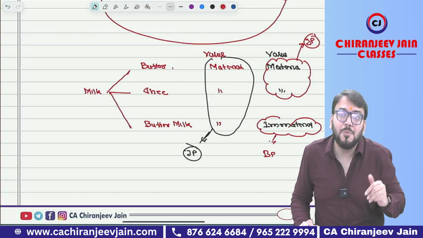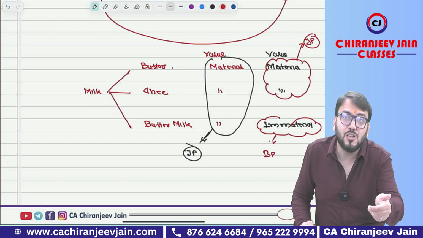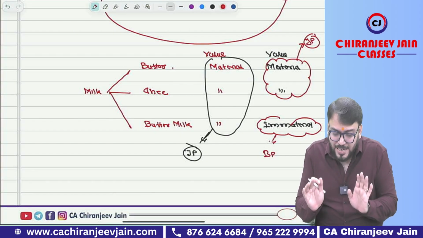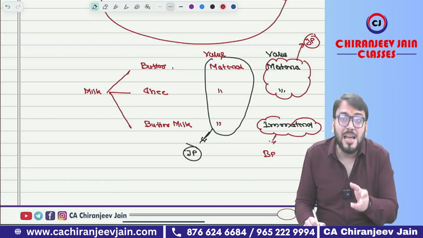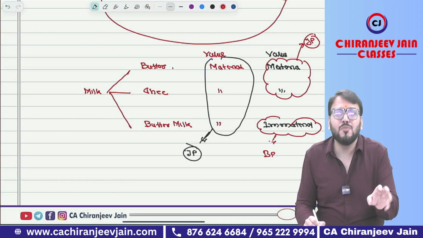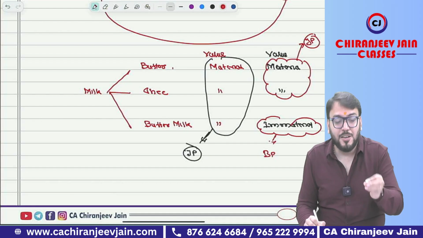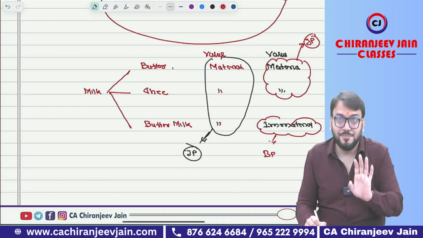Unnecessarily we would be applying accounting policy to an immaterial item, and that is not important from the user of financial statements' point of view. And therefore AS says that if any product is a byproduct, there is no need to find out the cost price of that product. But if it is a joint product, you need to find out cost price, then compare with NRV and then find out what?